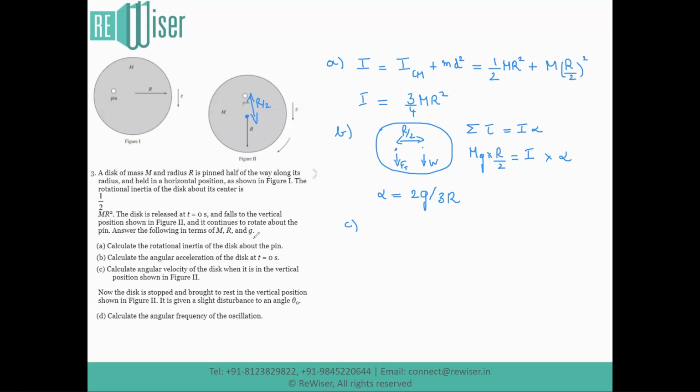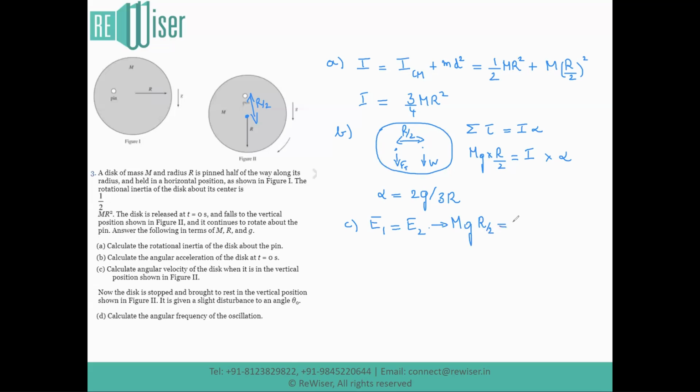In due course, the center of mass has fallen by a distance of half the radius. So we know that the gravitational potential energy E1 is equal to the rotational kinetic energy E2. We will substitute gravitational potential energy as mgh, capital M times small g, and the height here is R by 2.